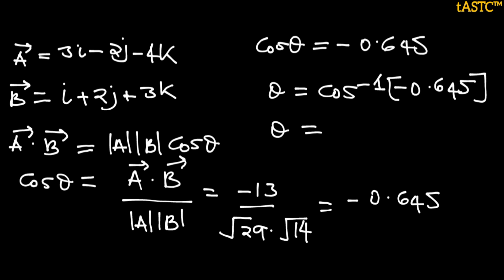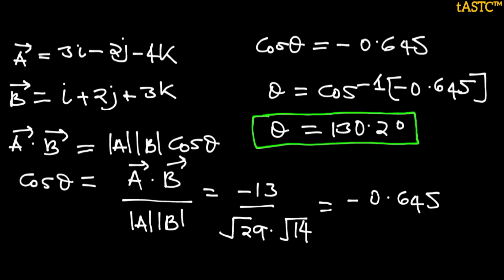So this gives us approximately 130.2. So this is going to be the angle between the two vectors, 130.2 degrees. So that will be basically it.